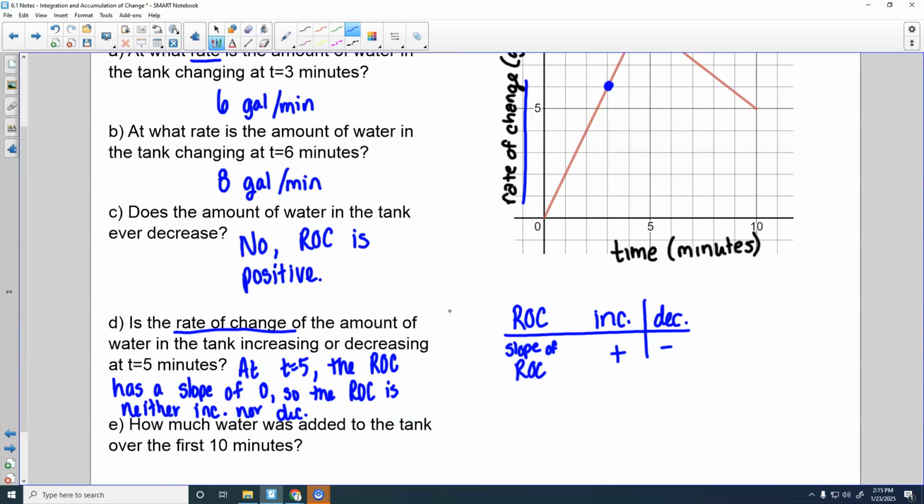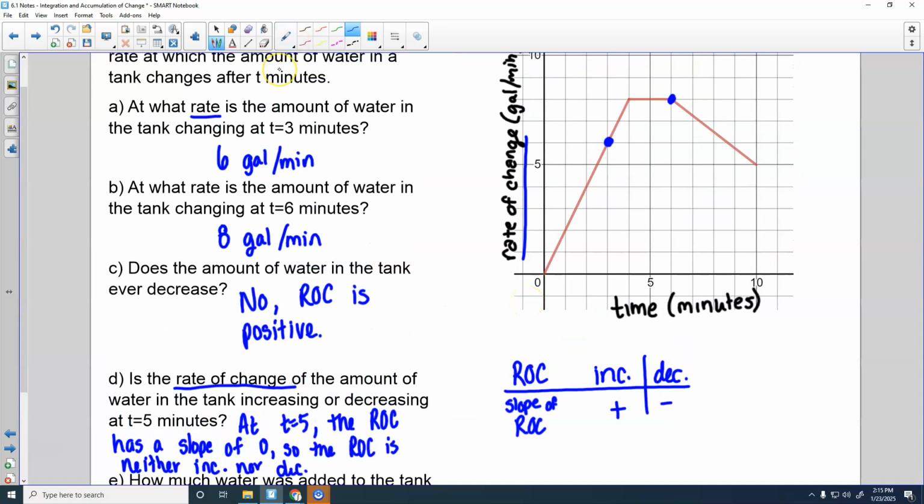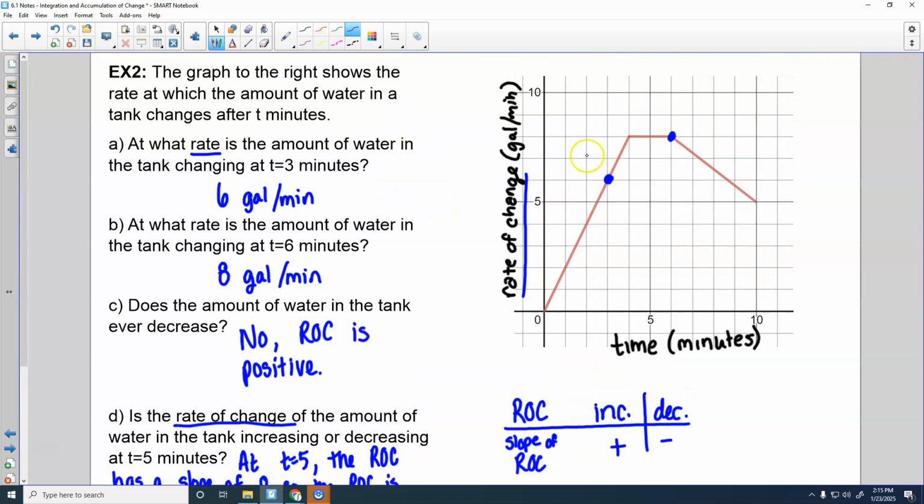Now, E asks us how much water was added to the tank, right? This is the question that is like our new information, the stuff that we are just learning. Because if we think about finding an area, I know this is not a rectangle, but we would be multiplying what's on our x-axis by what's on our y-axis.